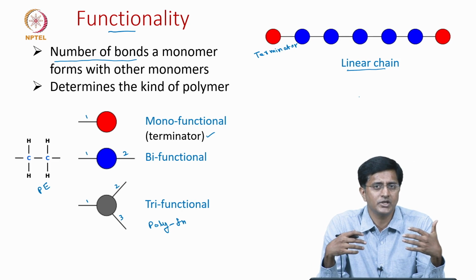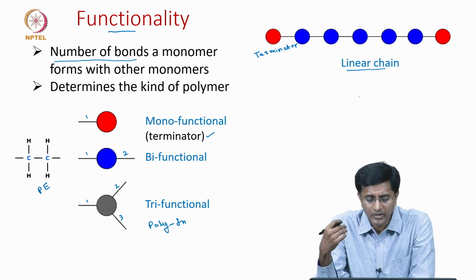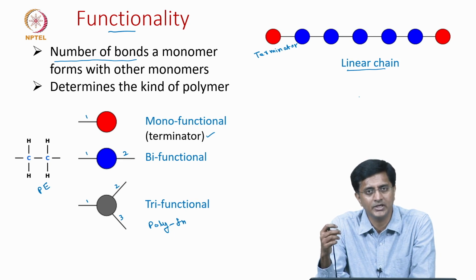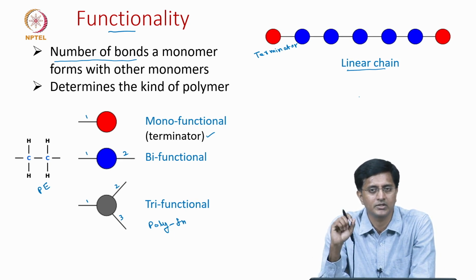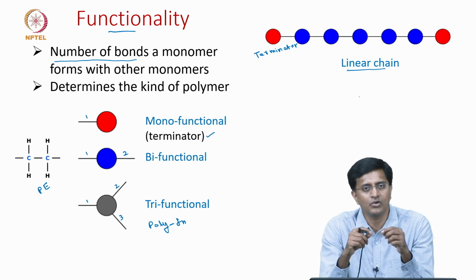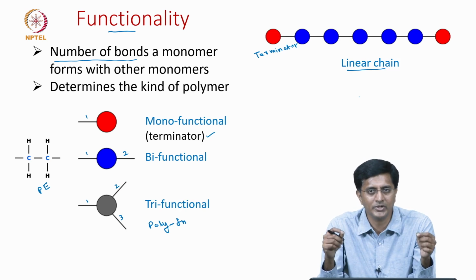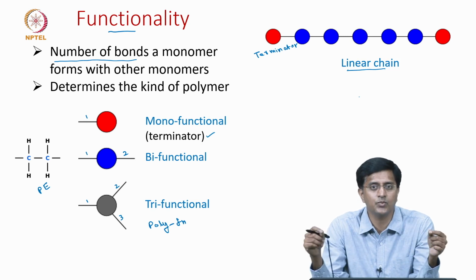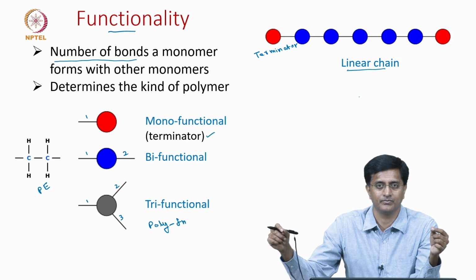Let me pose a small question to you. What happens if we have a very small fraction of these terminators added to this polymer solution? If we have very few terminators, then you can form fewer polymer chains. If we are forming fewer polymer chains, then we should expect that the length of these polymer chains is very long.